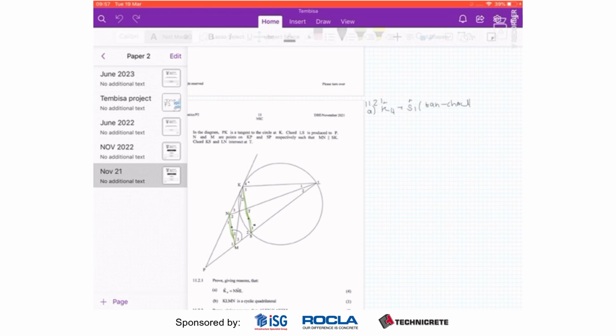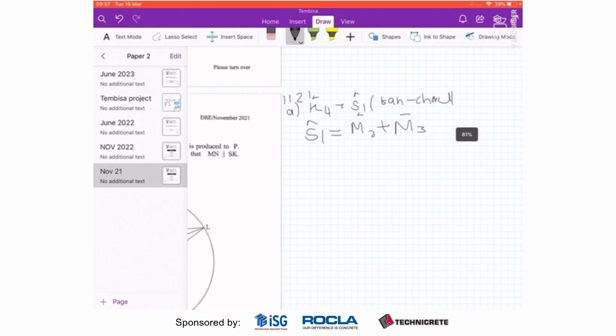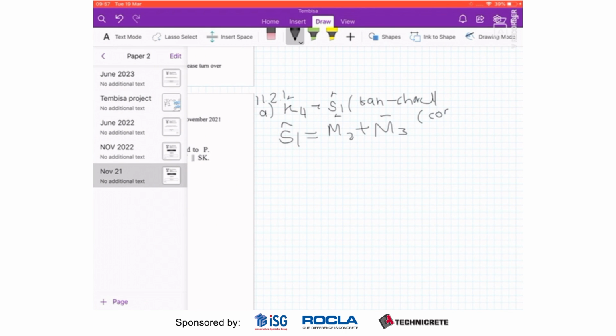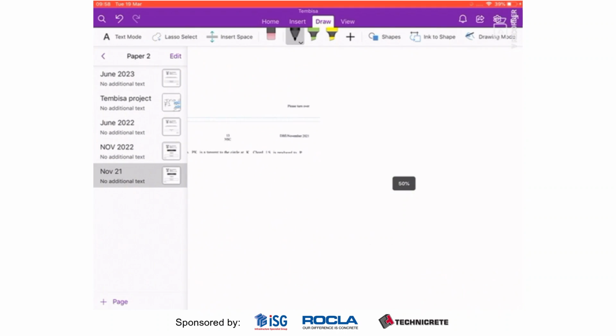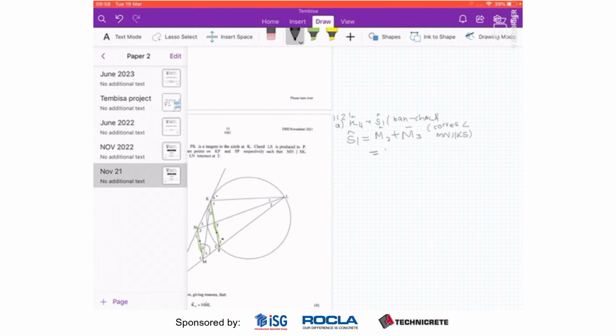Therefore, we can say that angle S1 is equal to M2 plus M3. Reason: corresponding angles. When you state this law of angles, you must also state the parallel lines. And M2 plus M3 is what's equal to NML. There are 4 marks for this question, just for a statement and a reason, a statement and a reason.